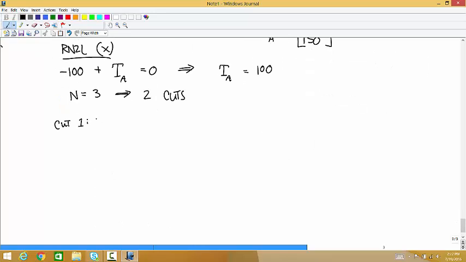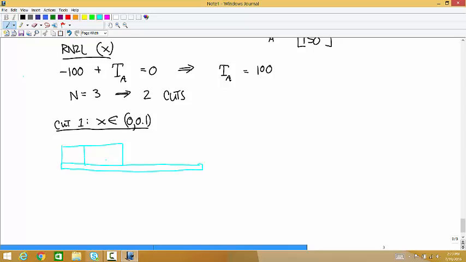The first cut is for x values between 0 and 0.1. So we're making a cut somewhere in here, which means we're only dealing with part of this distributed load.